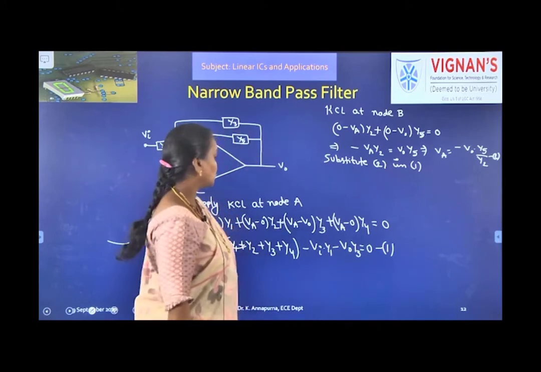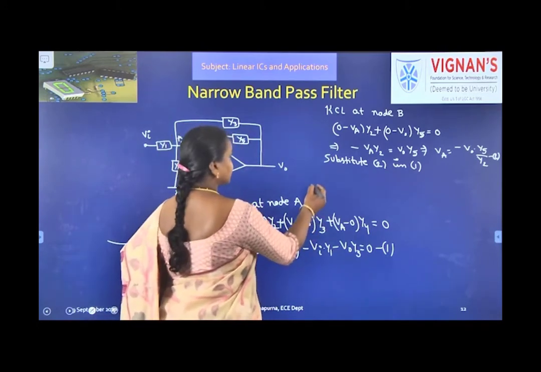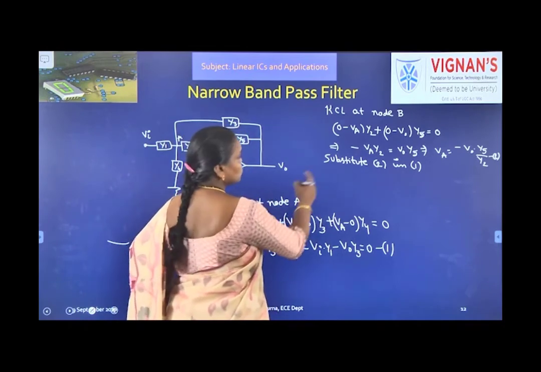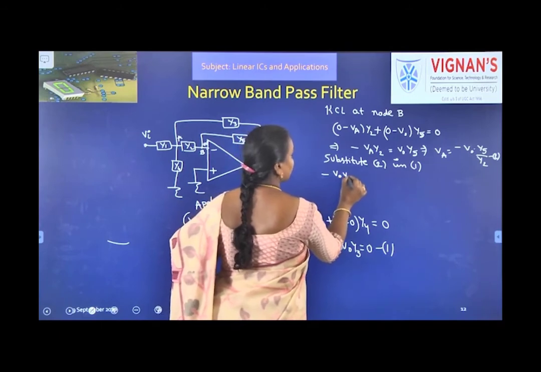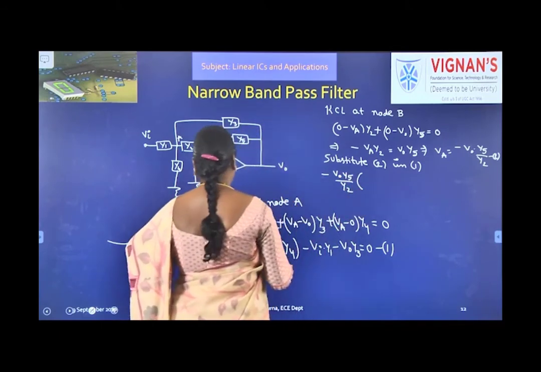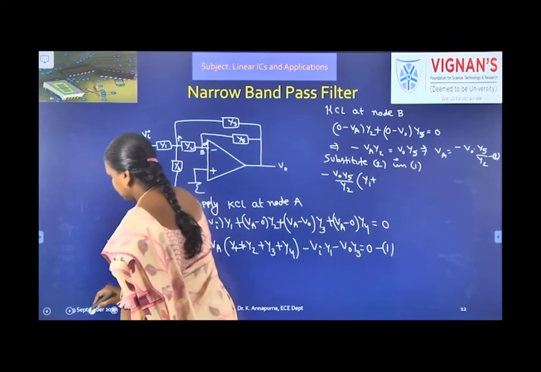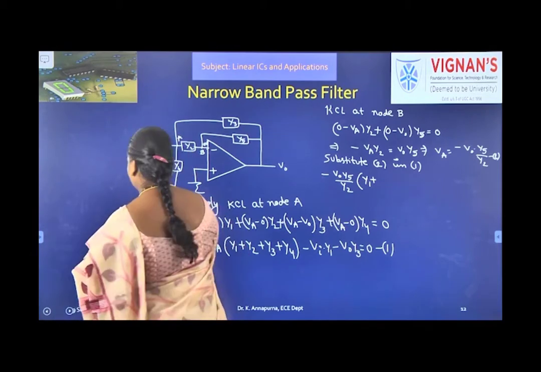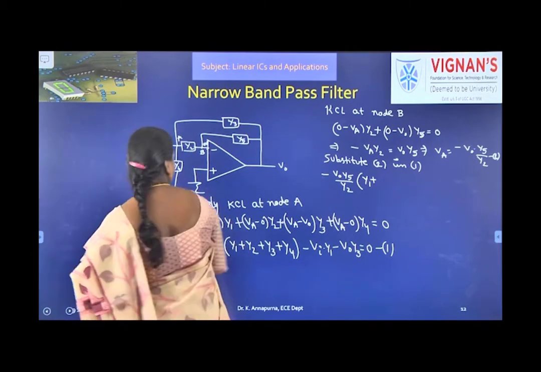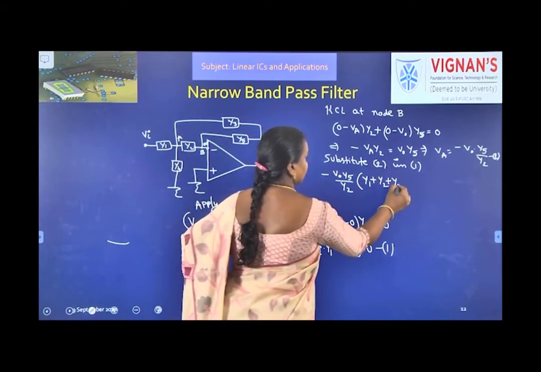So, substituting 2 in 1, what will you get? VA into, so what is VA? Minus V0 Y5 by Y2 into Y1 plus Y2 plus Y3 plus Y4.